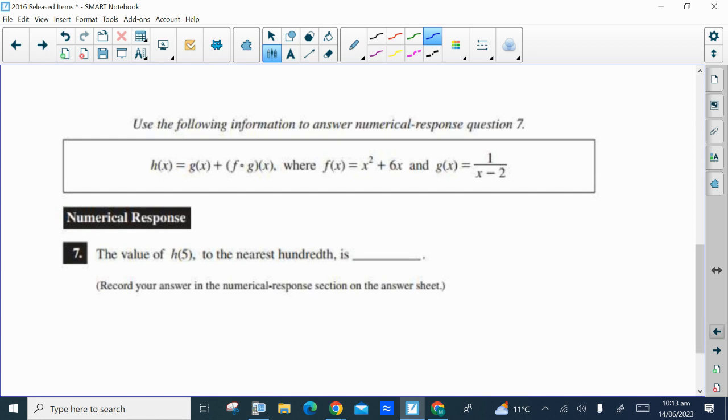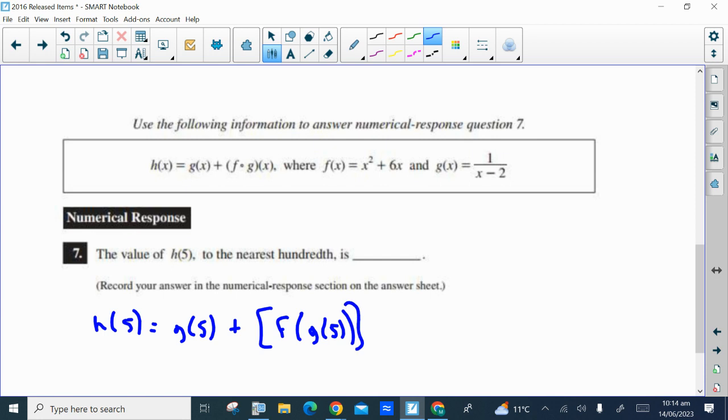Okay, use the following information to answer the next one. h of x is g of x plus f of g of x, and you've got f of x and g of x. What is the value of h at 5 to the nearest hundredth? So h at 5 would be found by taking g at 5, because it's g at x, plus f at g at 5.